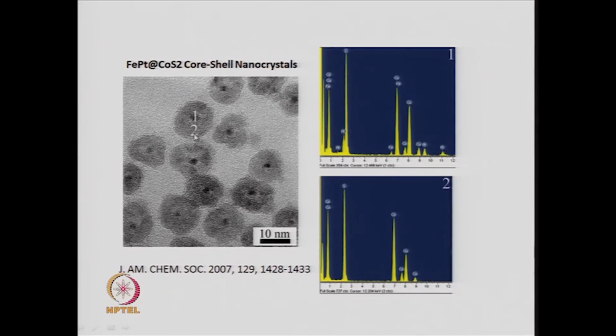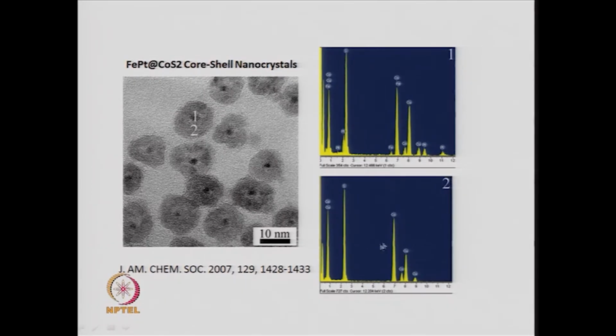Whereas, if you take the EDAX analysis from the shell, at point 2, then you will only see those elements which are present in the shell. Here you can find sulfur, and you will see cobalt because cobalt sulphide is there, but you will not see any iron or platinum because they are in the core.